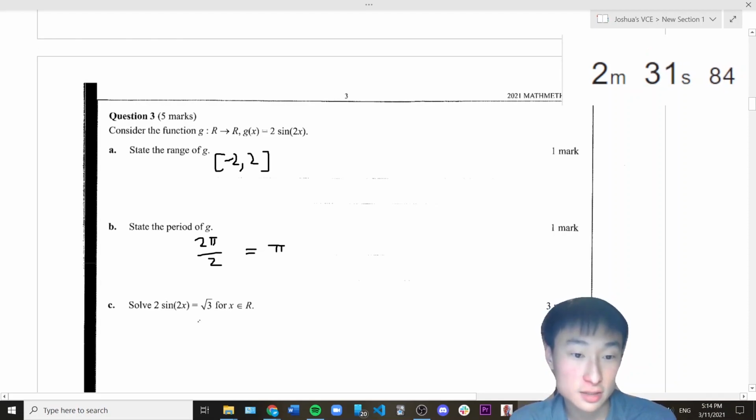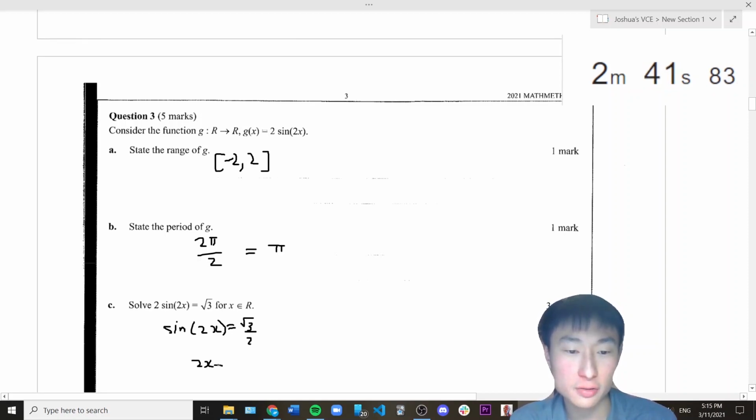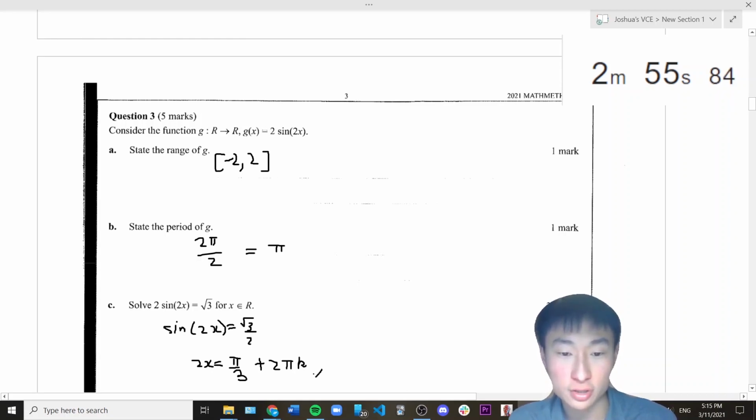Solve that. Okay, so sine 2x is equal to root 3 over 2. 2x is equal to... So sine 60 is equal to root 3 over 2. Sine 30 is equal to half. So 2x is equal to 60 degrees, which is pi over 3. Remember, you need to add the general solution, not the period. Or 2x is equal to 2 pi over 3.